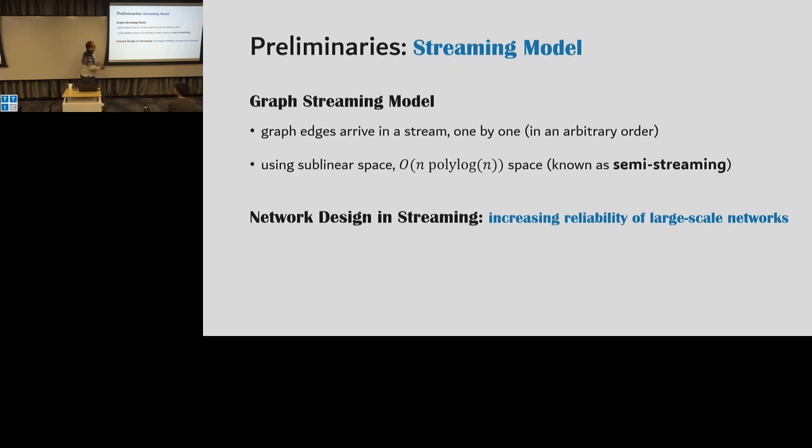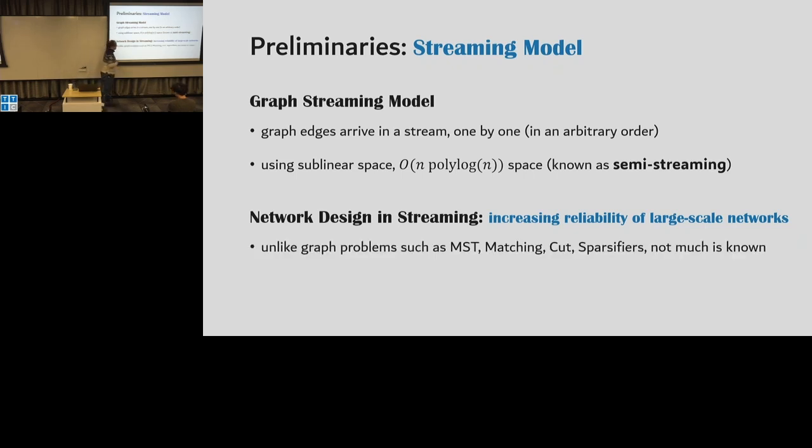And an interesting thing is that, unlike other graph problems like MST, matching, and cut sparsifiers, not much is known about this network design problem in streaming. Maybe the closest problem that has been studied in this streaming setting is testing connectivity, which is basically, given a graph, we want to test what's the edge connectivity or vertex connectivity.